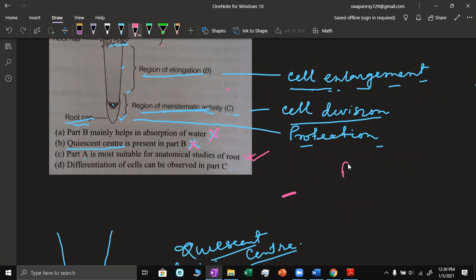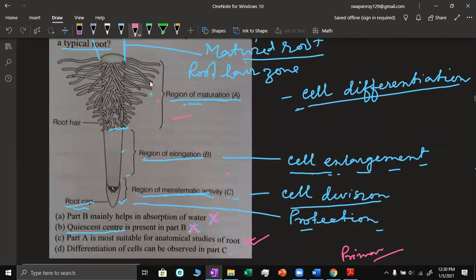In the primary root, from outside you learn that there are root hairs, then epidermis, hypodermis, then the cortex, endodermis, pericycle, and then xylem, phloem, protoxylem, metaxylem, everything you get.